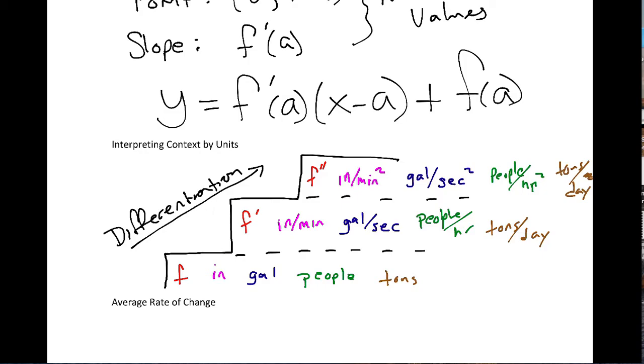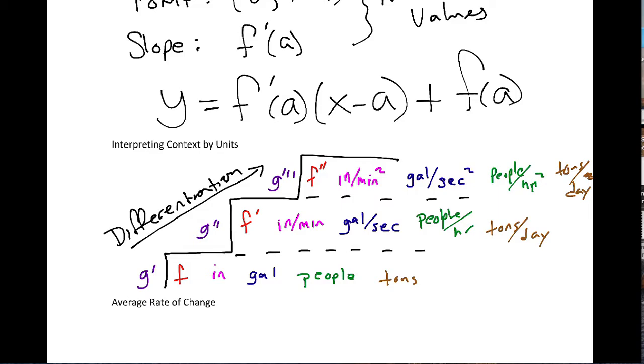And you actually can move up or down the steps. So you got to think, well, what step am I on and where am I going and what's its relation to what I have, and then pay attention to units. Because in truth, in a different context, I could make this g prime, then this would be g double prime, and this would be g triple prime.